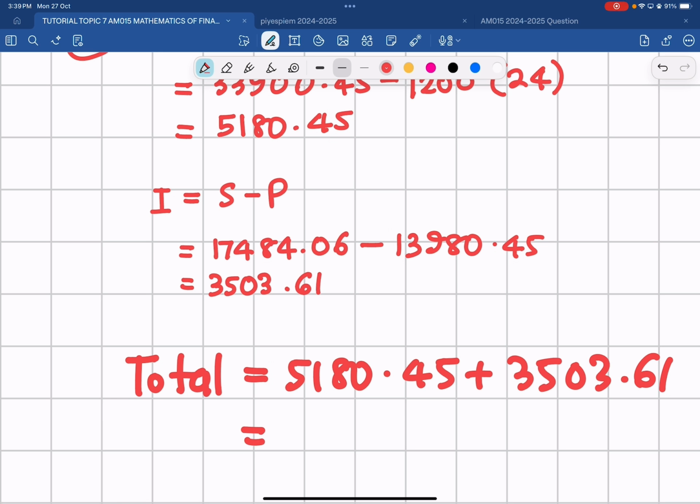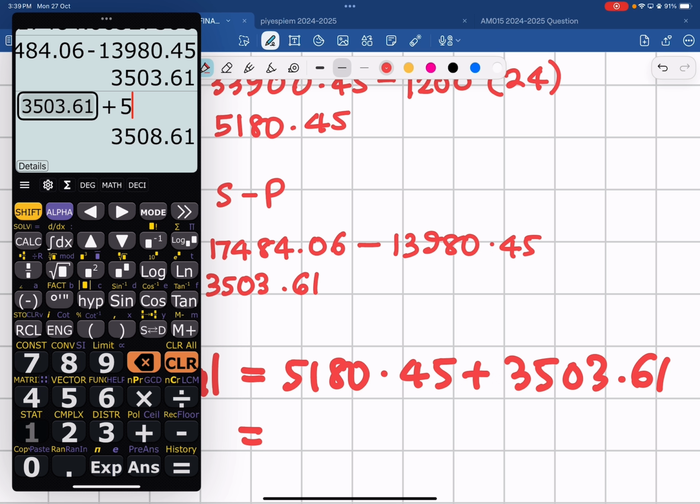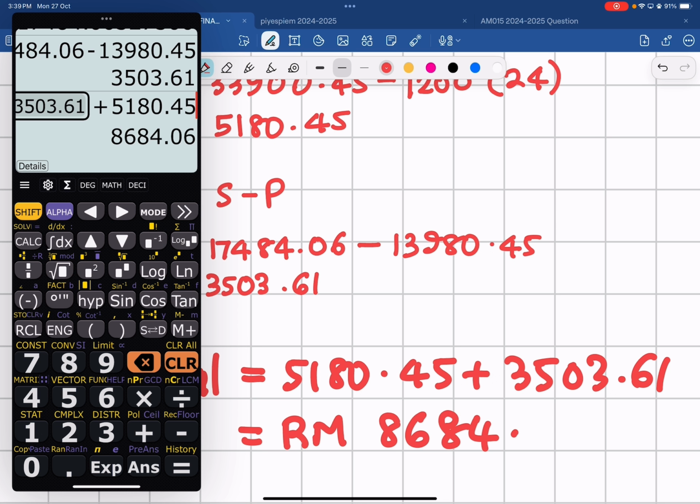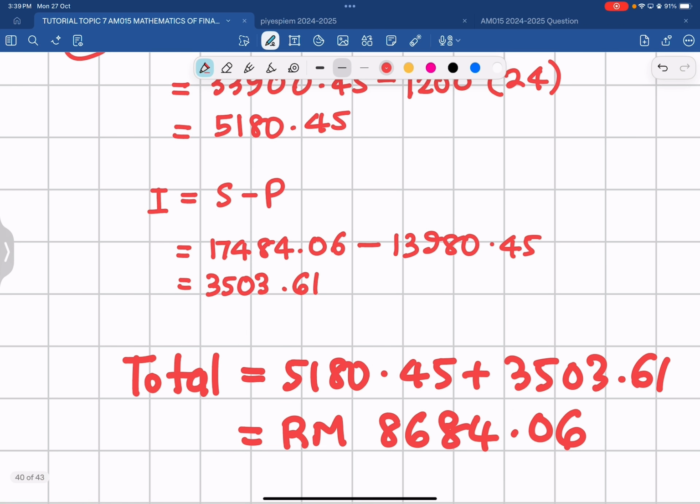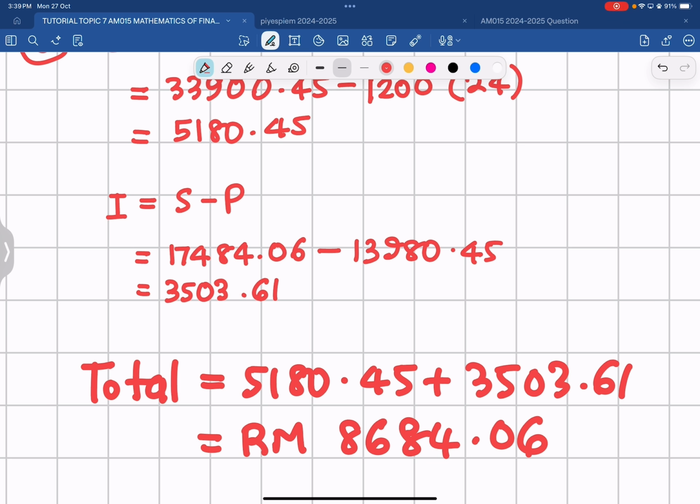Nanti dapat $8,684.06. That is the total interest. Nak buat sekali harung pun boleh. Saya buat asing-asing.